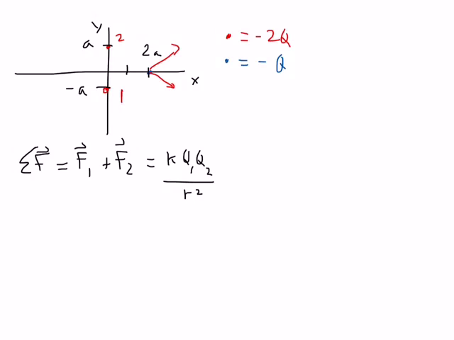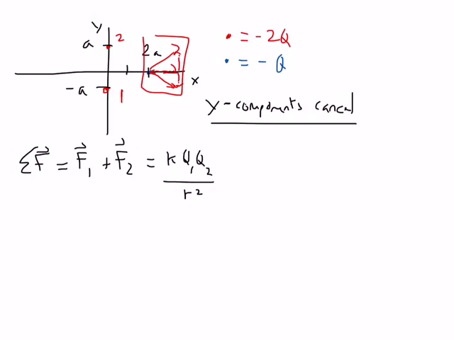So the first thing we notice, looking at these arrows, is that if I draw the x and the y components for each, I see that the y components are equal magnitude in exactly the opposite direction. So the y components cancel.